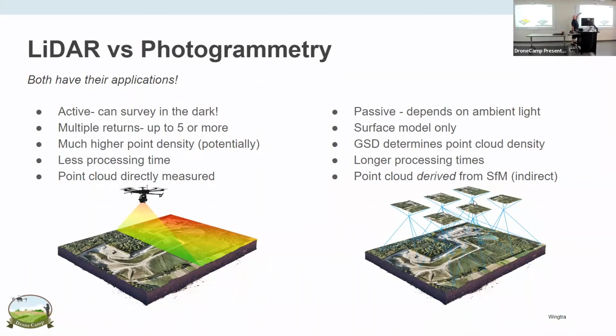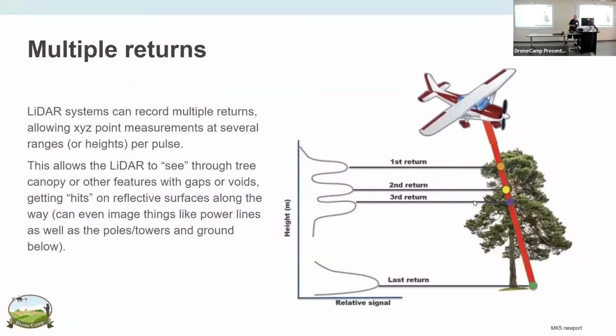And the first three are biggies, because the ability to not worry about ambient light in terms of when we can survey opens up a bigger window of when it's doable. Now, heavy rain or really dense fog or something like that is still going to shut us down, but darkness or twilight or something like that is no big deal. And the multiple returns. I know I have a slide in here that shows this. There we go. So the multiple returns is a big deal.